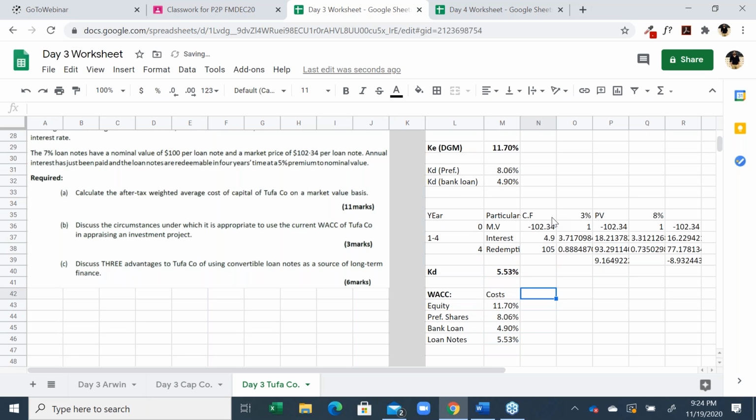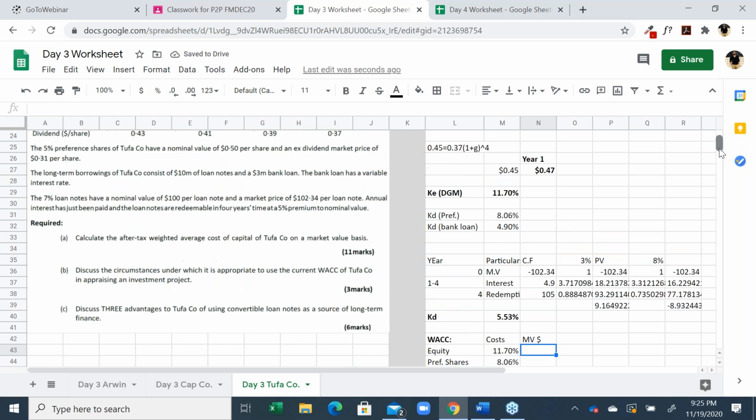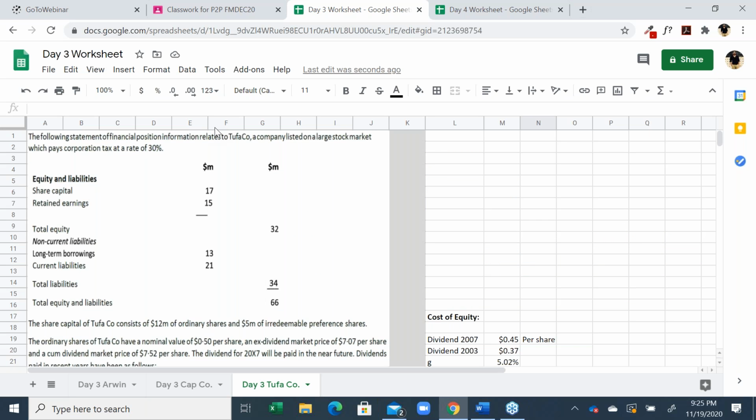And now let's calculate market values. So we have to go to the question to find out the market values. First of all, share capital. The share capital of Tufa company consists of 12 million ordinary shares. And the ex-div market price of each share was 7.07.